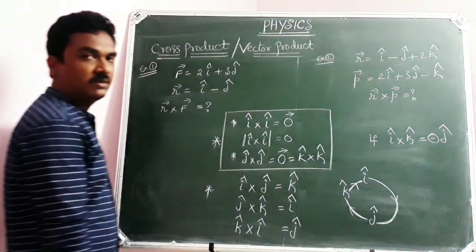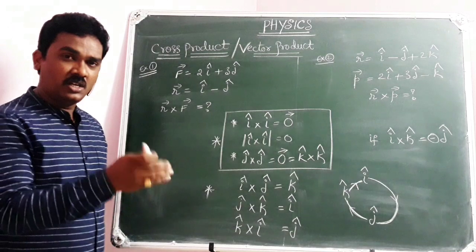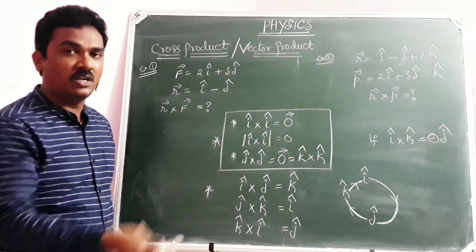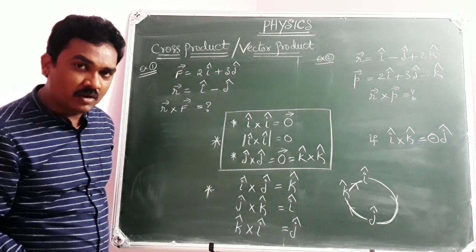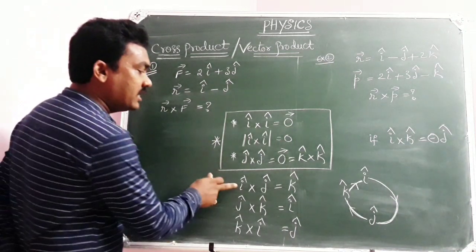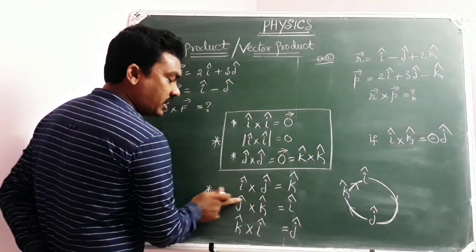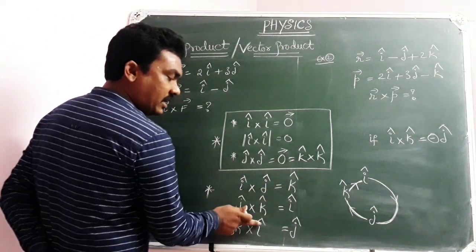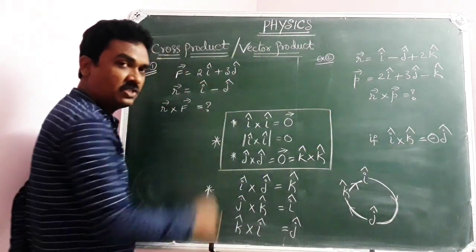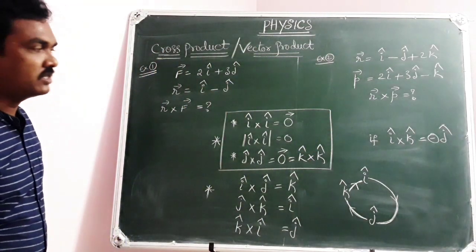IJ, JK, KI is cyclic; maintain this cycle. If the cycle is missing in the order, then it will be the negative of the third vector. So I cross J is K cap, J cross K is I cap, K cross I is J cap. But I cap cross K cap is minus J cap. This is what you need to understand.